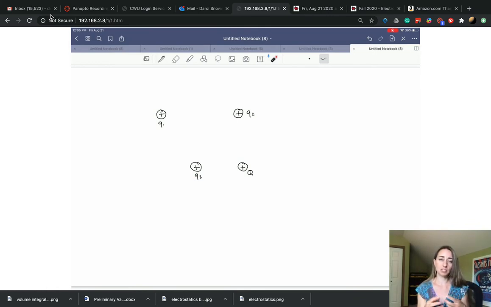Okay, so superposition really is just this idea that fields from multiple objects are going to be able to fill the same space and either constructively or destructively add together. Okay, so this should be somewhat familiar to you.